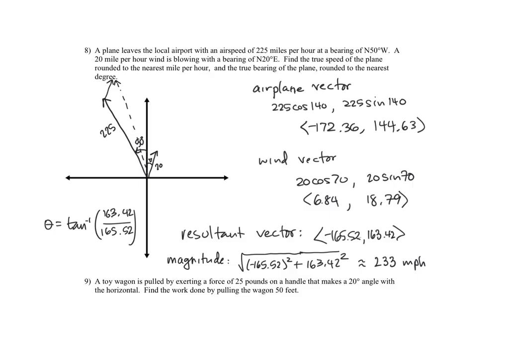getting about 45 degrees from this. So in quadrant 2, that's 135 degrees. So then the bearing would be 45 degrees west of north.